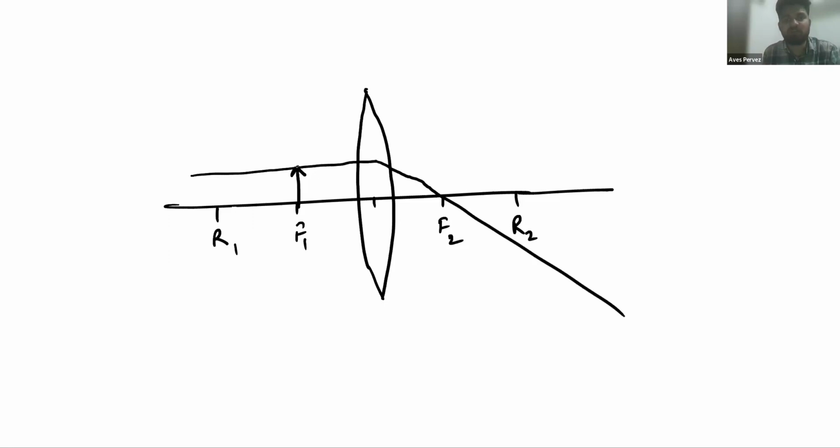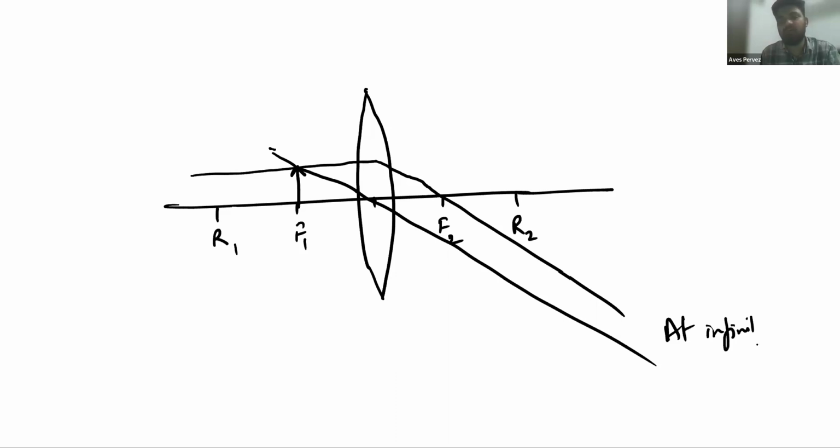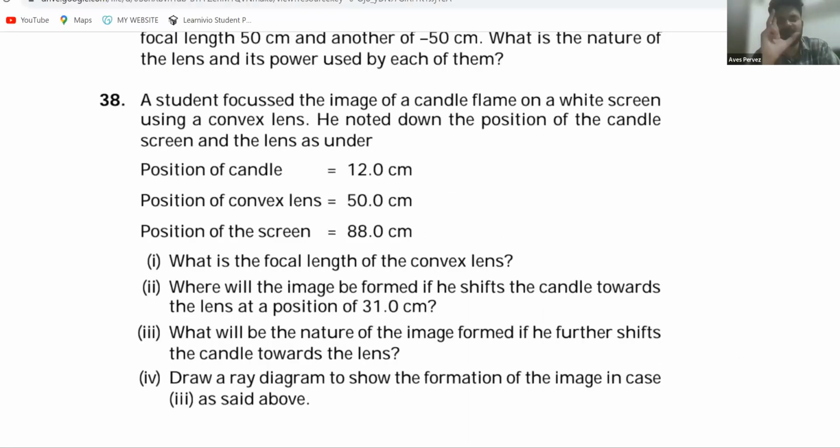The next ray will pass through the optical center, this O, from the top of the object. They are not going to meet anywhere. If you draw with this scale, these two lines are almost parallel, so we can say that they will meet at infinity. So the image will be formed at infinity. Got it? So if the object is placed at 19, that means at focus, the image is formed at infinity.